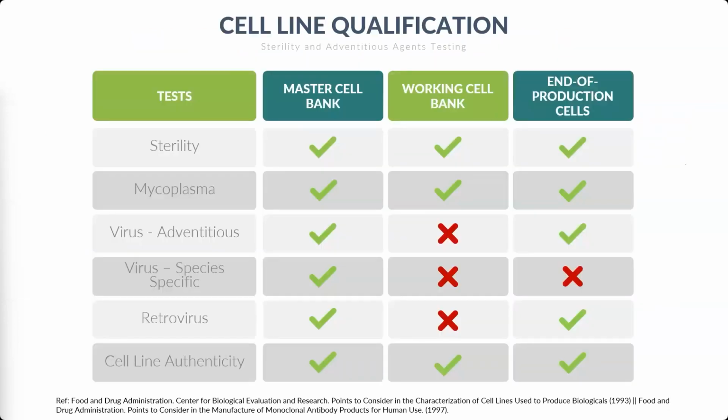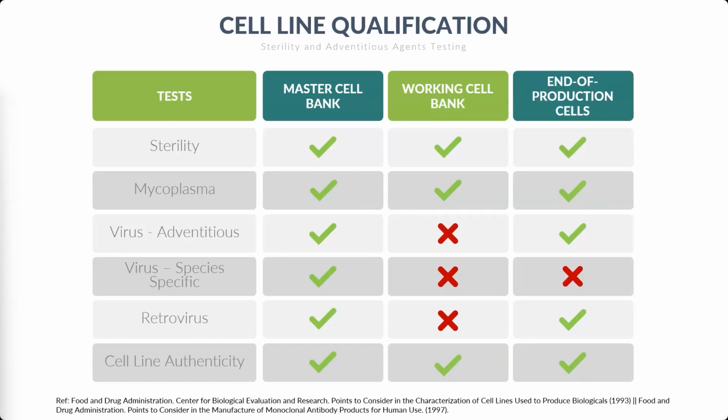Right. So if we go to the next slide here, we talk about qualification of cell lines, and really for all intents and purposes, one of the biggest concerns that you really have to worry about is sources of contamination or opportunities for foreign matter to get into your process. And what's interesting about this, you start from the master cell bank, right? Which is to say that is essentially the source of truth for your process. And storing that under very rigorously controlled conditions is key.